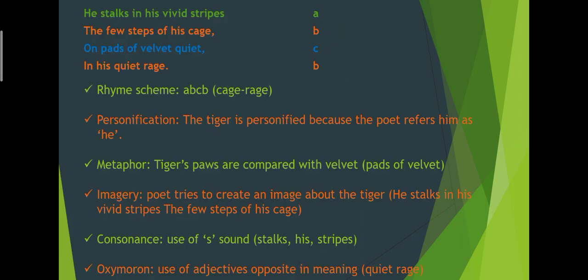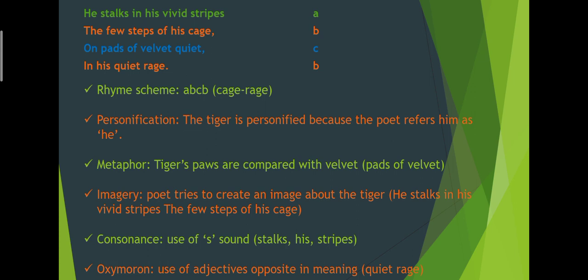So in the first stanza there are so many poetic devices used by the poet. The first one is rhyme scheme. The rhyme scheme used here is ABCB, and the colors also will represent that they are different from each other.